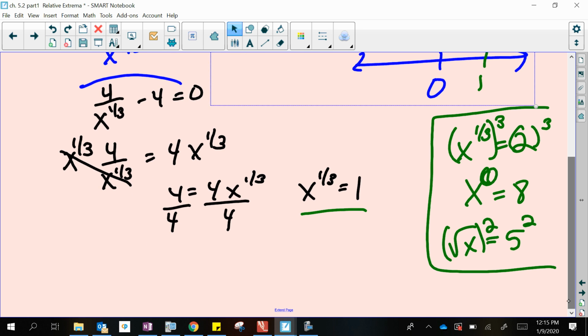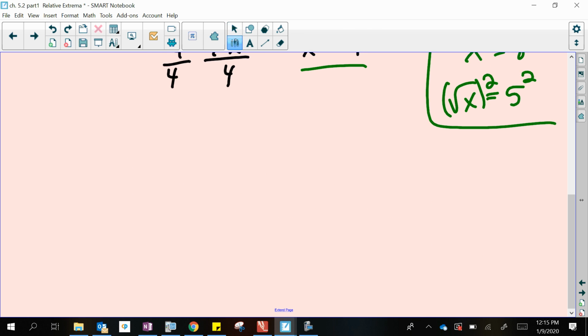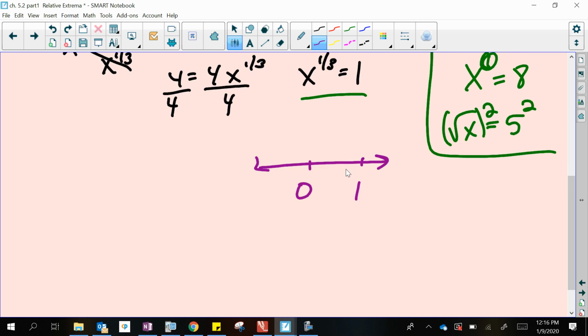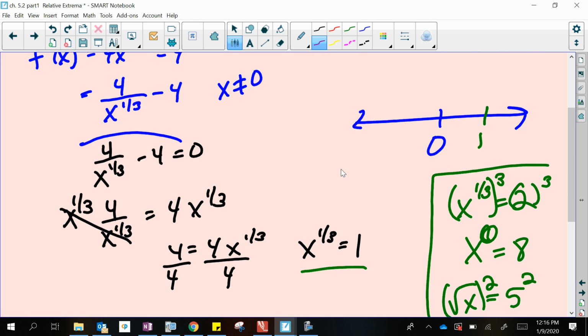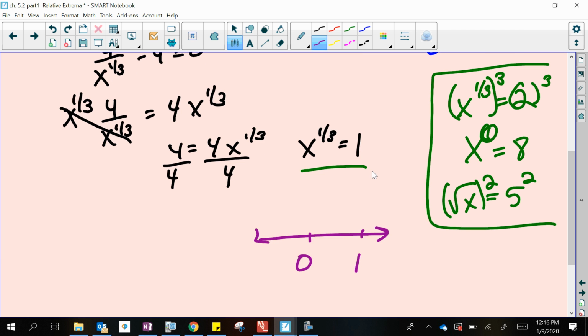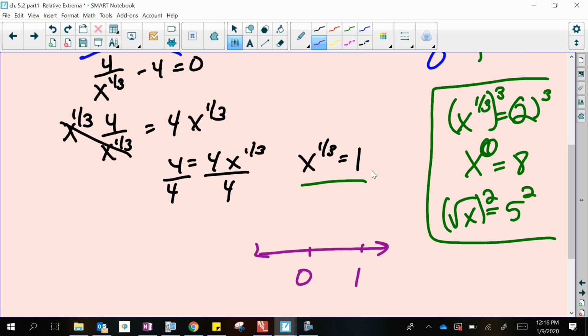I'll just make note. Okay. So now our number line is 0 and 1. So we have to find out if it's increasing or decreasing for every interval. What do we want to choose for less than 0? -1. So we find the derivative at -1.